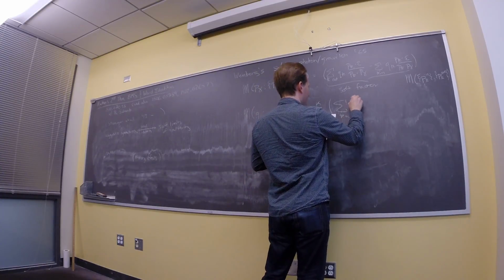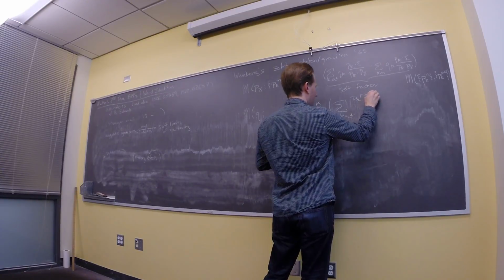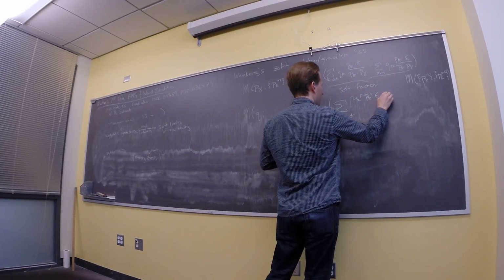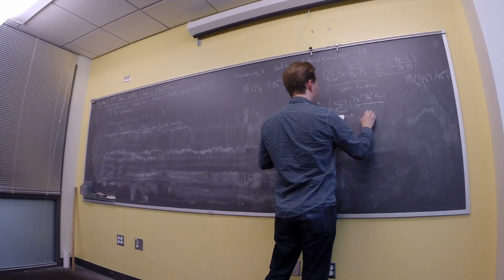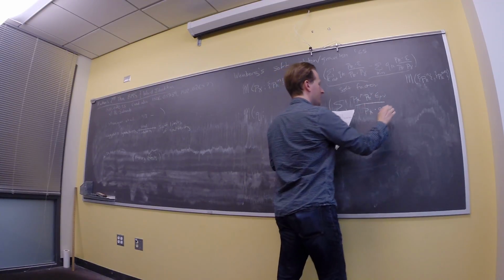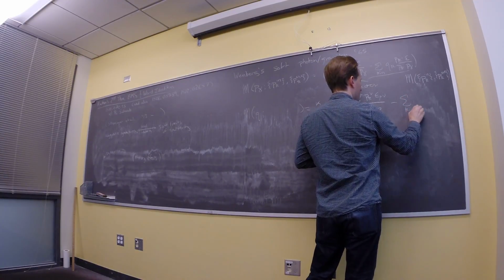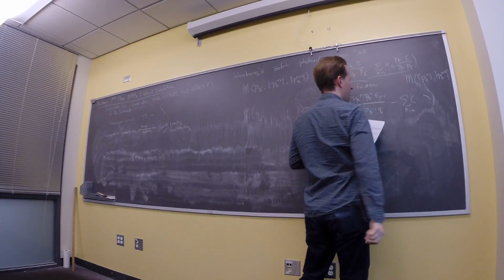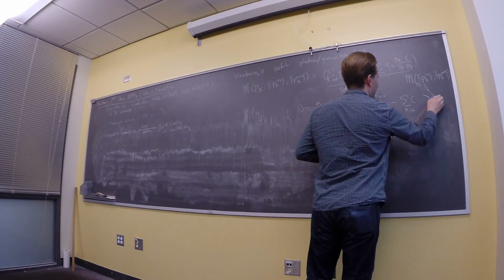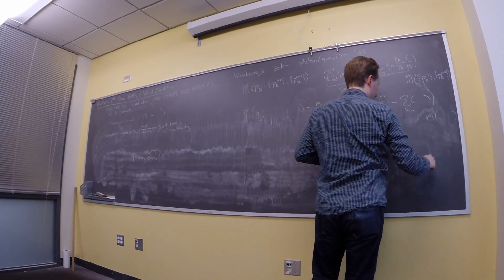And then here I have sort of the obvious thing. Like this. And then minus some of the ingoing guys, and then times the amplitude without the soft graviton.